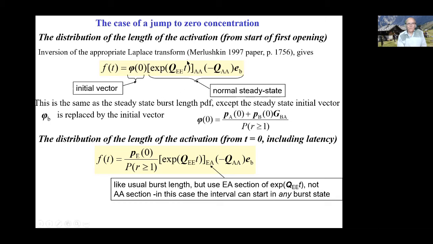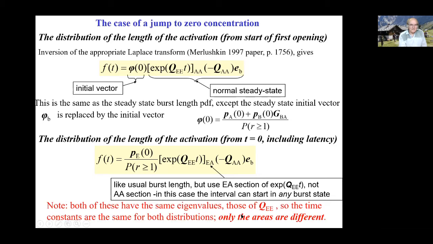So it's like the normal burst length distribution, but we use the EA section of this KE by KE matrix, not the AA section, because in this case, the integral can start in any burst state. That one I was very pleased with, so elegant.